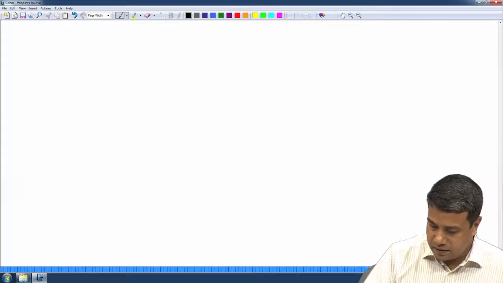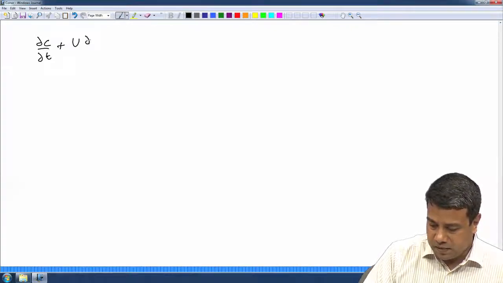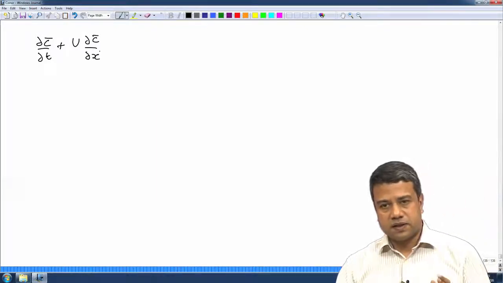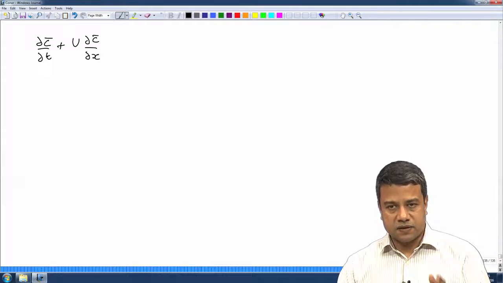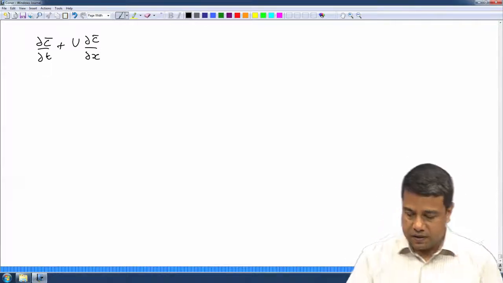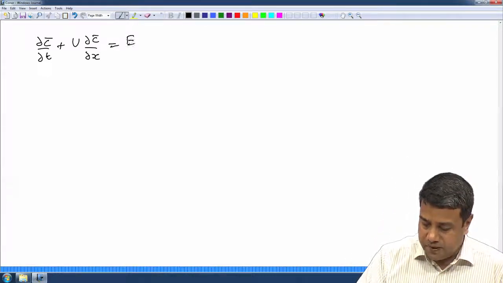If I write it again, partial c by partial t plus the mean velocity partial c by partial x. I should note that this expression is written for the cross sectional averaged velocity. So, this is of the form E partial square c by partial x square.